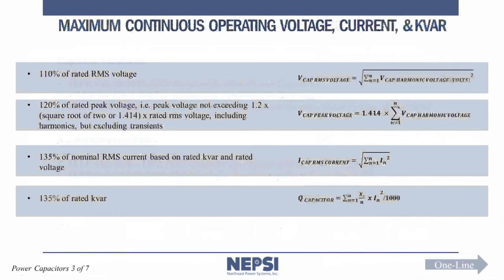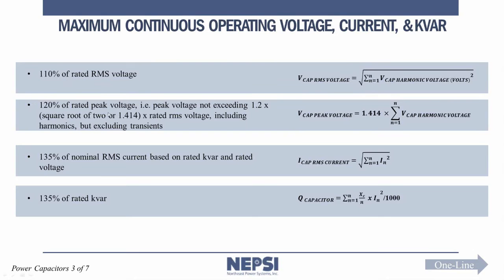So the values that the Excel spreadsheet is calculating are these 4 values here. Basically, a standard IEEE rated capacitor has a 110% voltage rating, and that's the square root of the summation of all the harmonics squared. So it's an RMS value on the capacitor, including the fundamental. So for an IEEE capacitor, the standard is 110% of its nameplate.